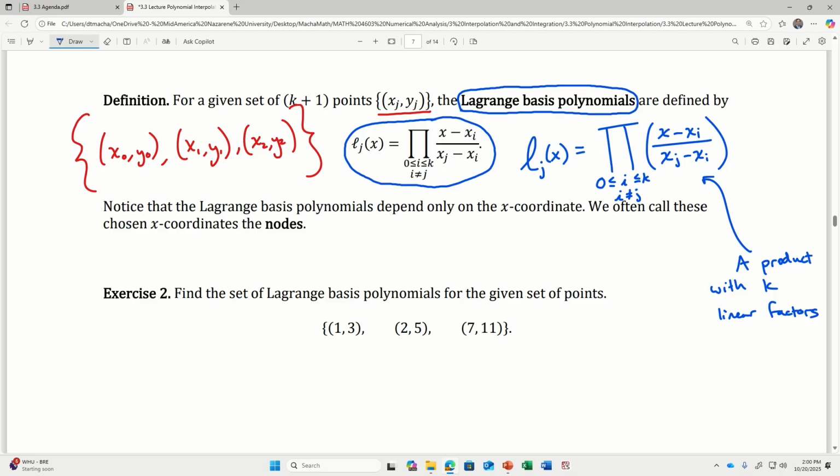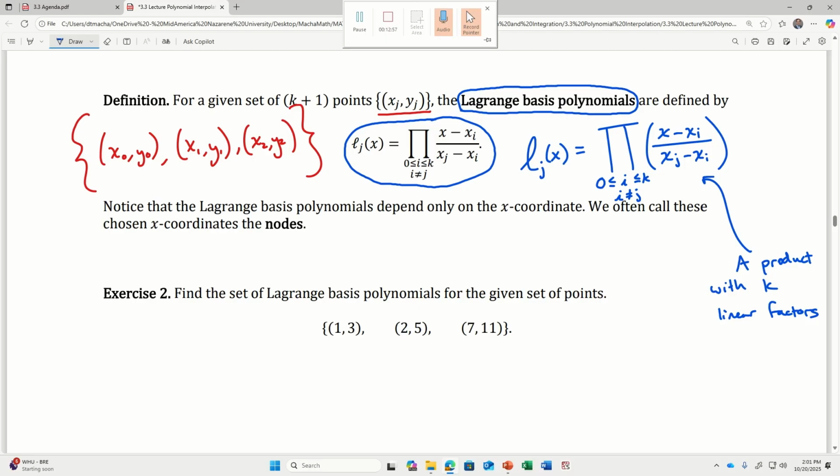The j, the x with the subscript j, is not going to be looped through because the j is telling you which one of the Lagrange basis polynomials you're determining. Which Lagrange basis polynomial are we talking about?